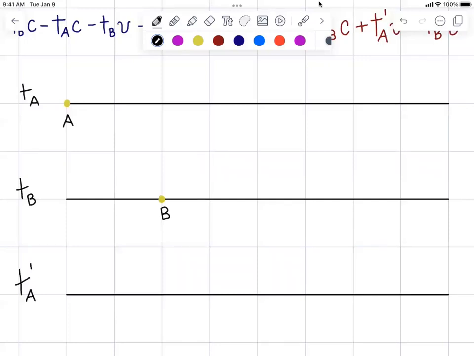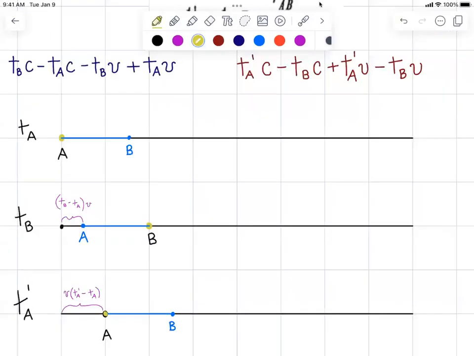Actually, it's known. It's related to the velocity of the moving frame, lowercase v. All right, so the third line involves light arriving back at point A at time TA prime.